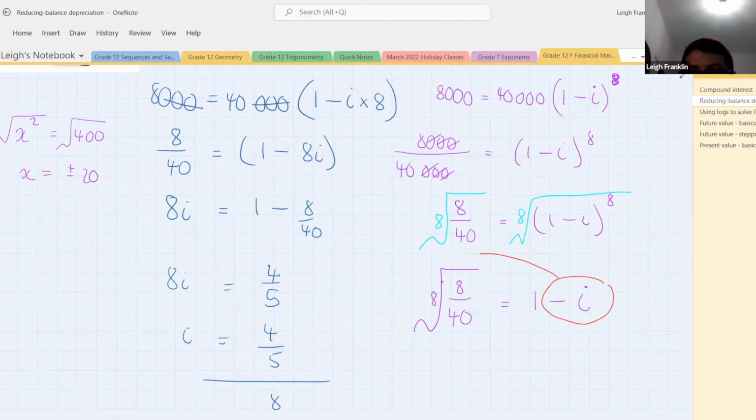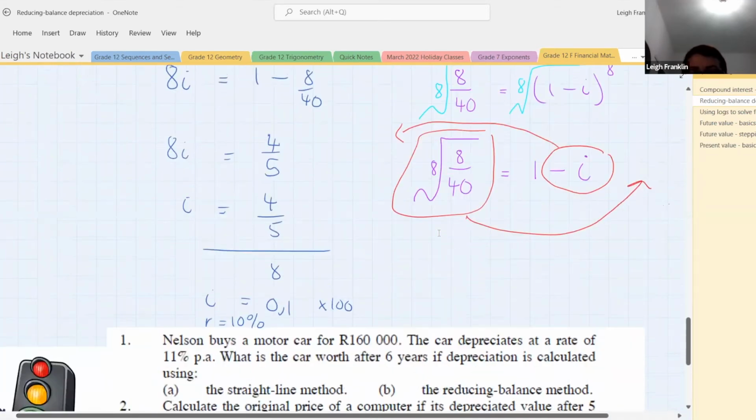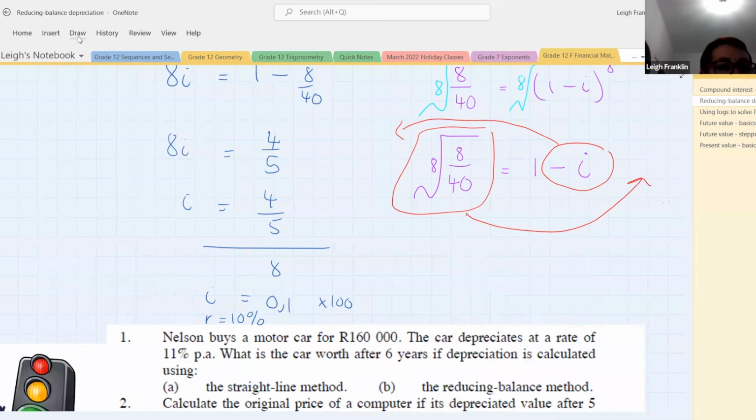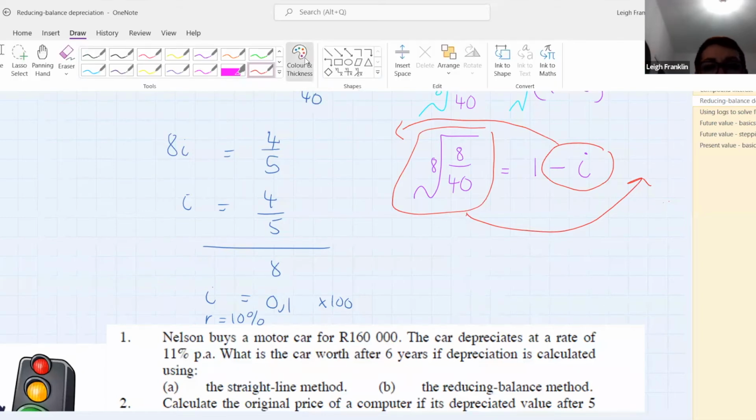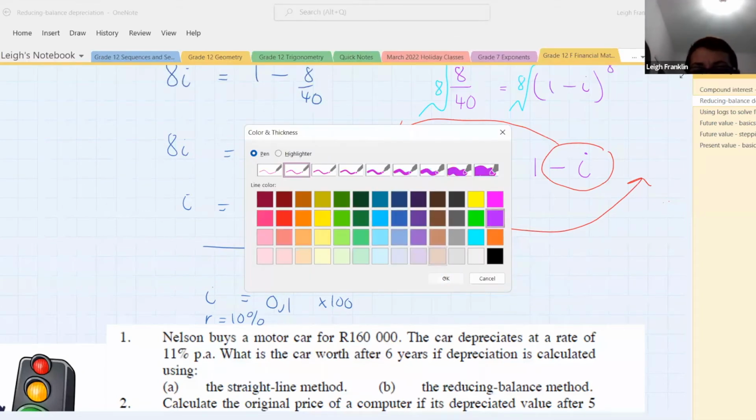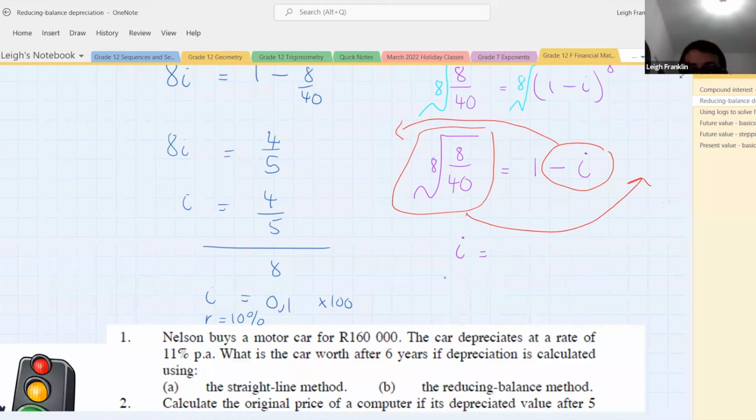Let's go in here. And this guy is coming over there. So when that happens, I end up with I being equal to 1 minus, because this is a plus on the left, so when it goes over to the other side, it must be a negative, the 8th root of 8 over 40.